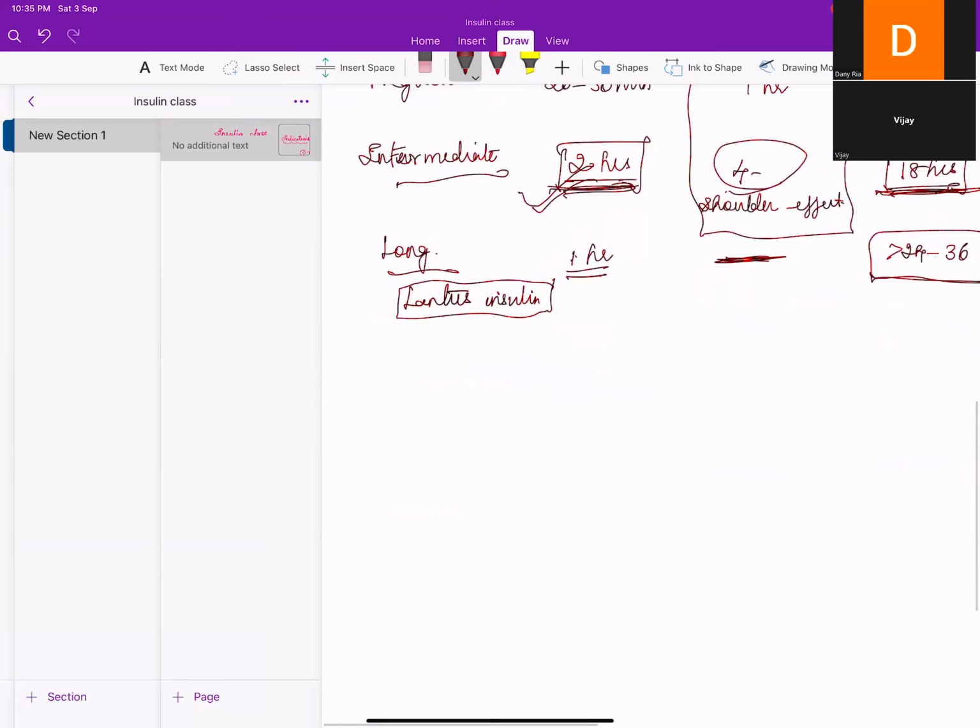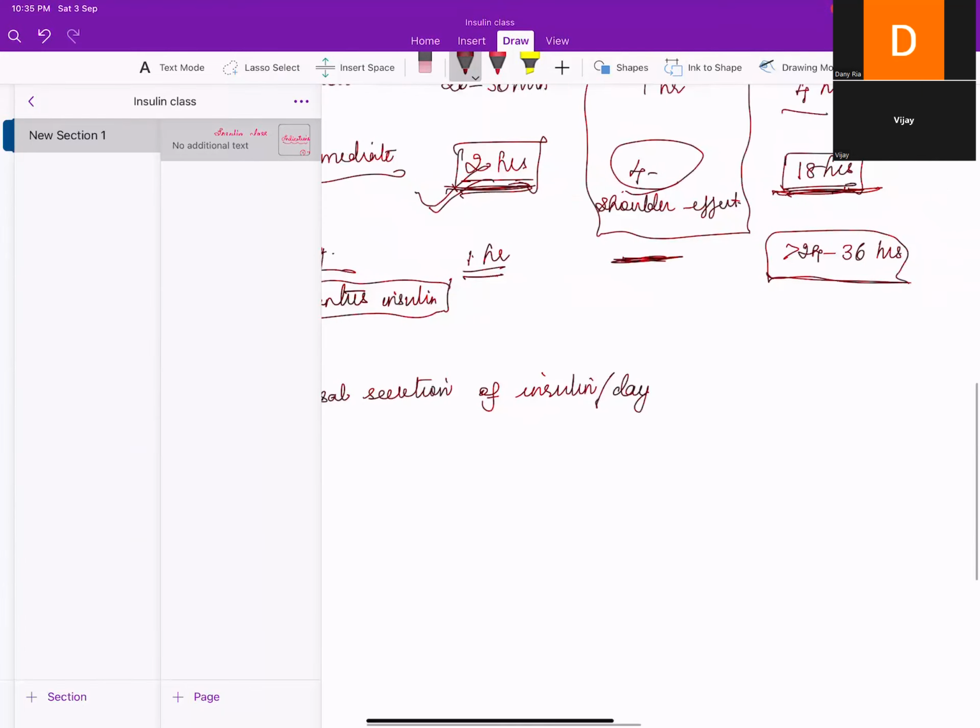Why I am telling you this: what is the normal basal secretion of insulin per day? Basal means you are not taking any food, but the body will still be producing insulin at a particular rate. What is that rate? 1 unit per hour, which means 24 units per day is the normal basal insulin produced.